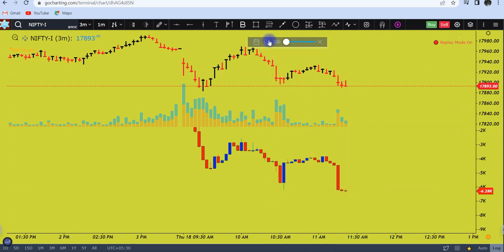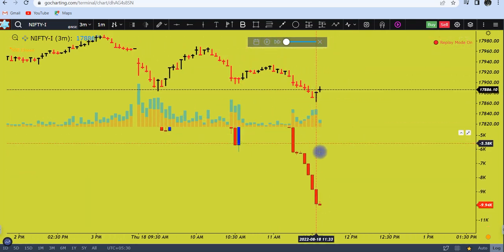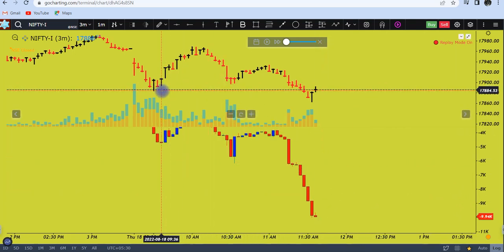Okay, so let's see, the low of the day is broken here, and look what happens. Okay, this is an aggressive low, and the delta really moves down to minus 10,000 contracts almost, and what has the price done? Absolutely nothing from the lows. It's hardly 15 points.